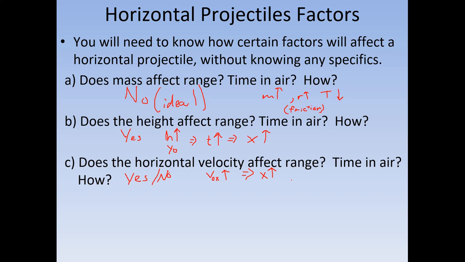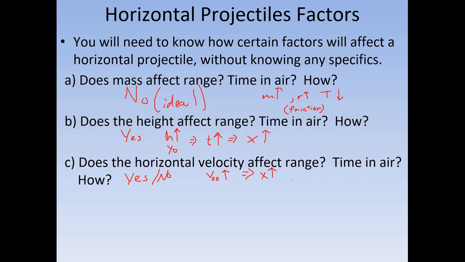Because as we talked about, if it's going to take 5 seconds to land, if it was traveling at 1 meter per second, that means that it only gets to travel 5 meters horizontally. But if I now increase that to 100 meters per second, that 5 seconds it's in the air means that it can travel a lot further.